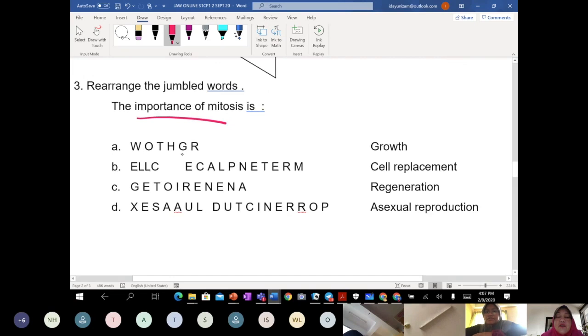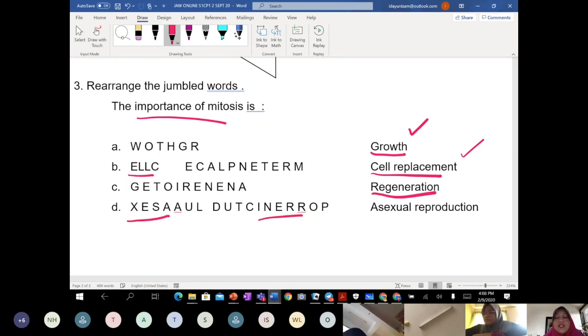growth, class. Can you? Number 1, when you arrange it, mitosis is also important for cell replacement. Number 3 is regeneration, and number 4 is asexual reproduction.